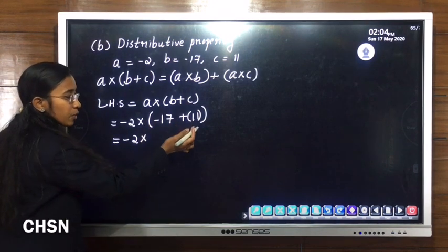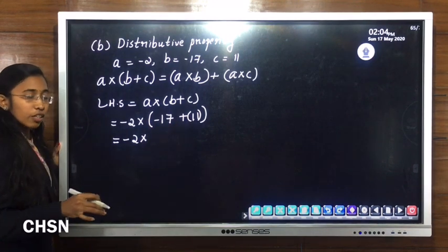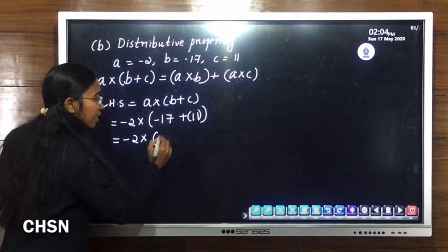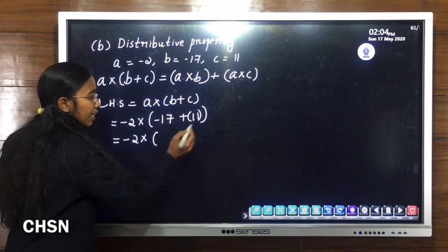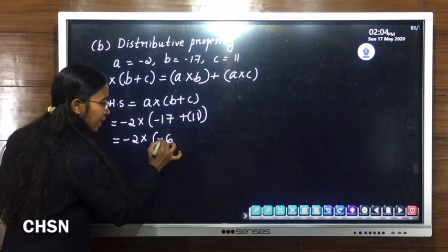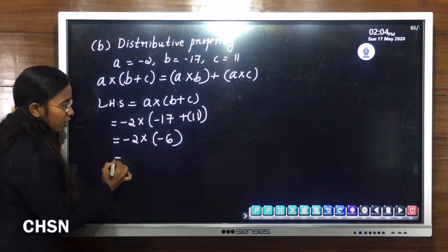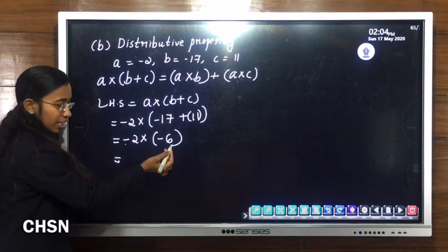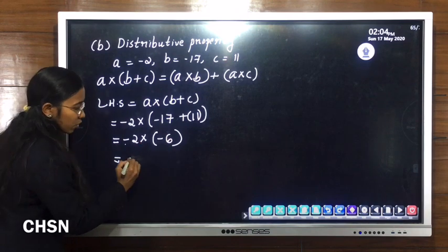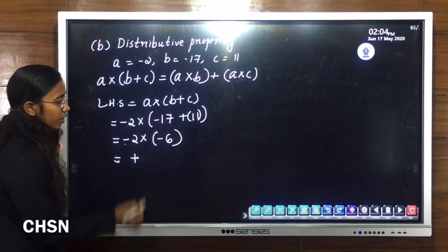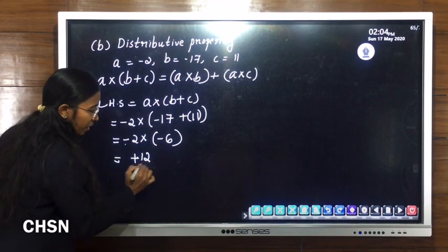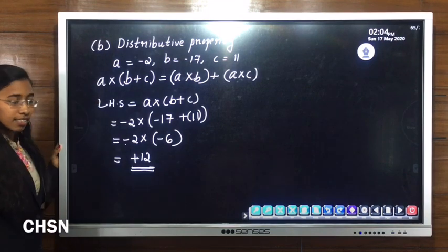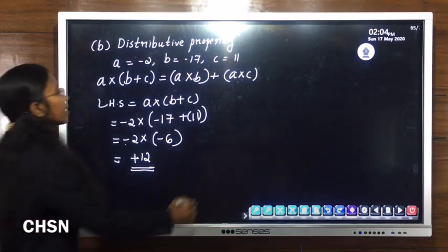Find the difference between the numbers and put the sign of largest number. What is the difference between 17 and 11? That is 6. The sign is minus. So this is minus 2 into minus 6. Both are negative, so our sign is always positive. 2 into 6, 12. So our answer is plus 12.